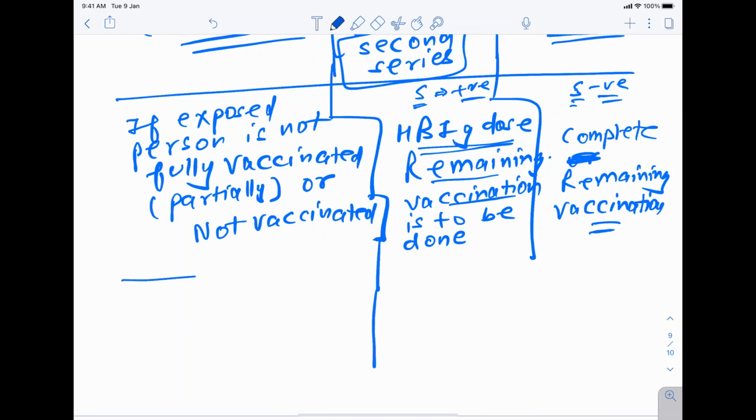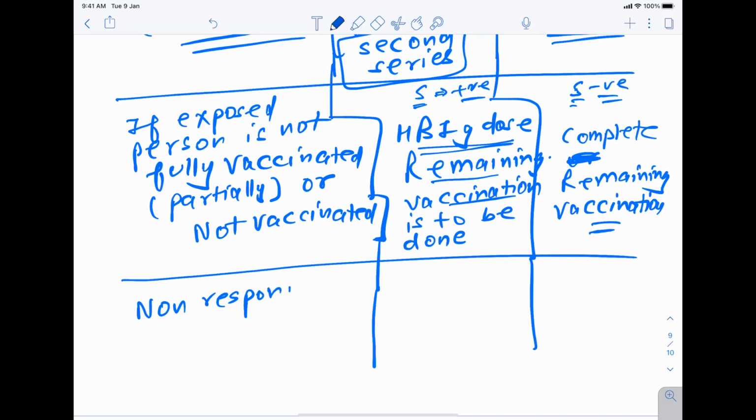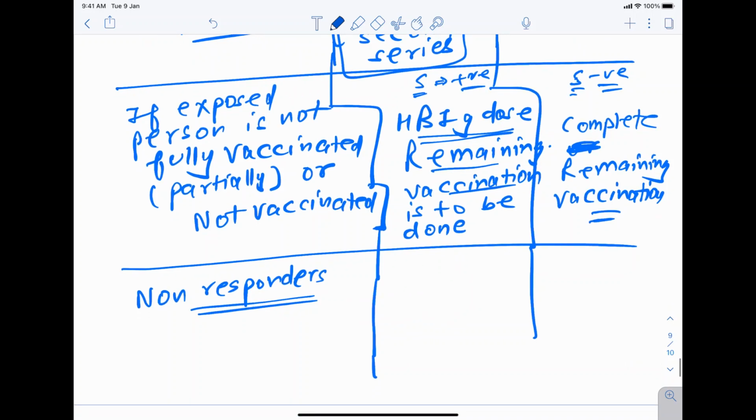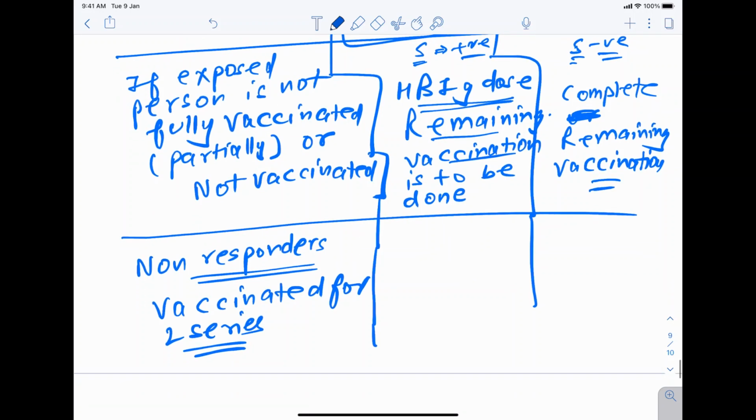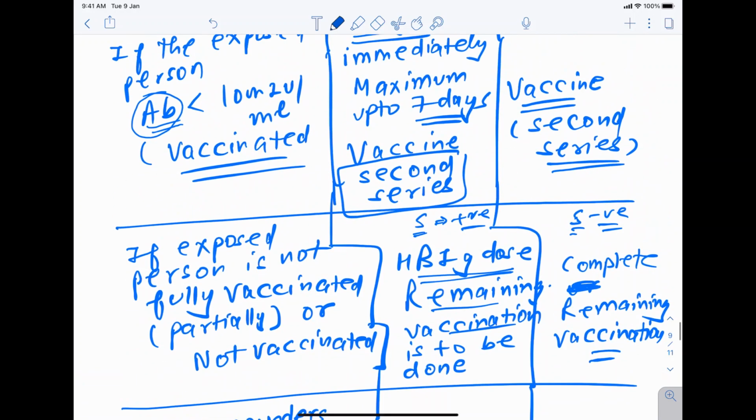Now coming to those who are non-responders. Non-responders means these particular people are vaccinated for 2 series. In total they have received 2 series of 3 doses each, but even after that their titers are still less than 10 milli international units per ml.